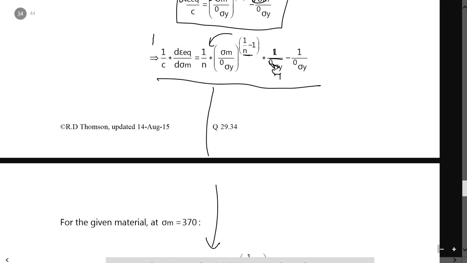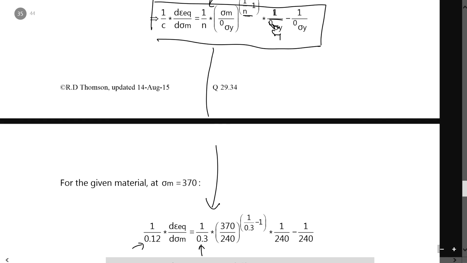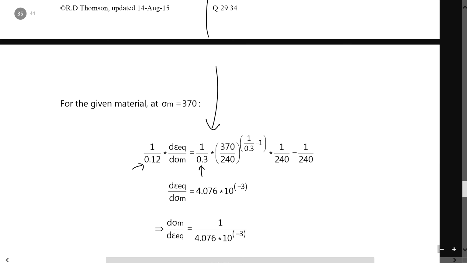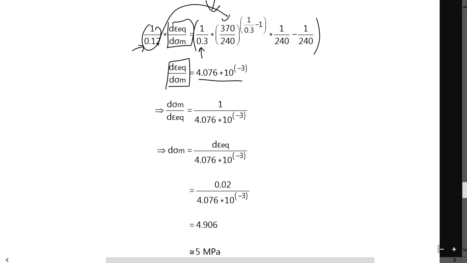After you differentiate in terms of your sigma m, you just simply sub in your values, your C, and n, which is 0.3. Then you just simply sub in all the stuff. Eventually you have this thing over here equal to this. Then you just simply multiply upwards through this equation and rearrange, and you'll get something like this again.